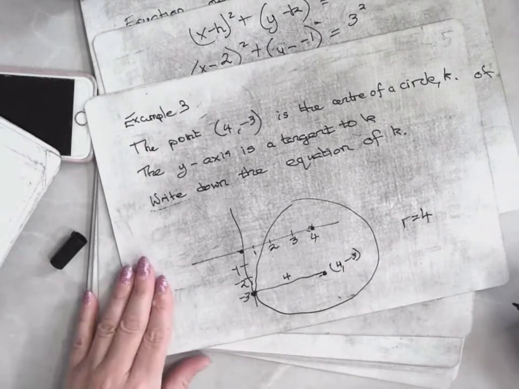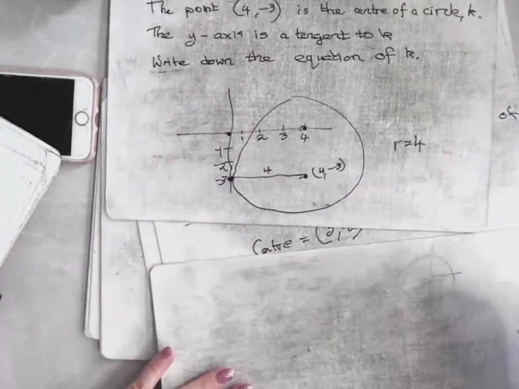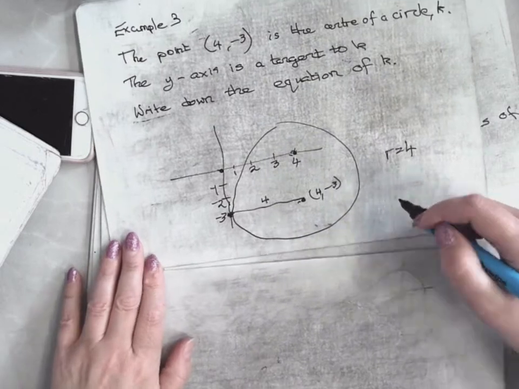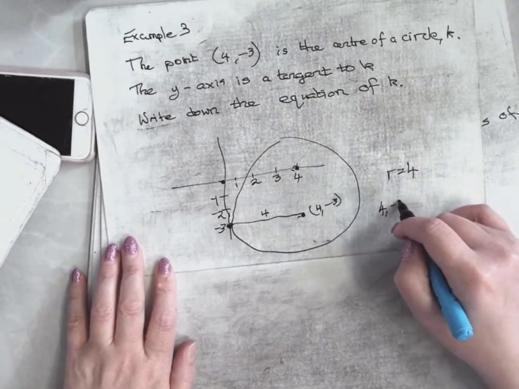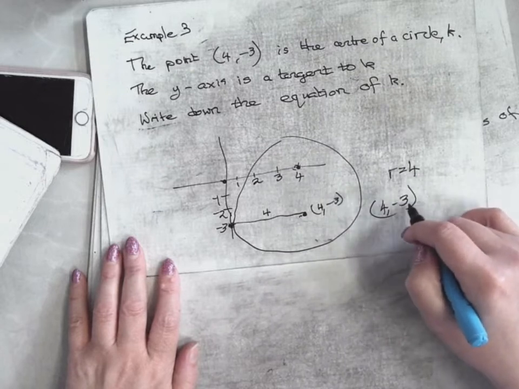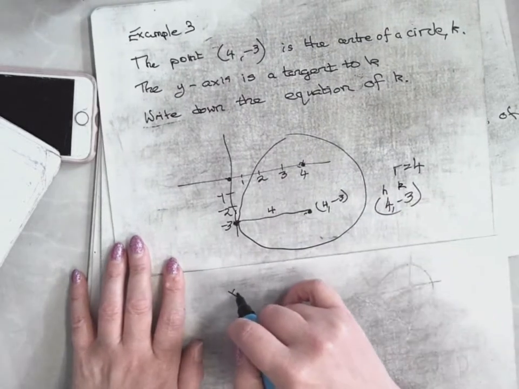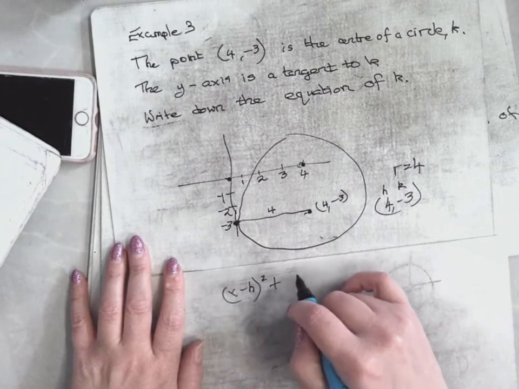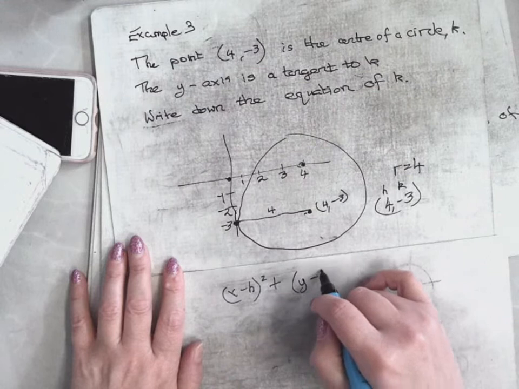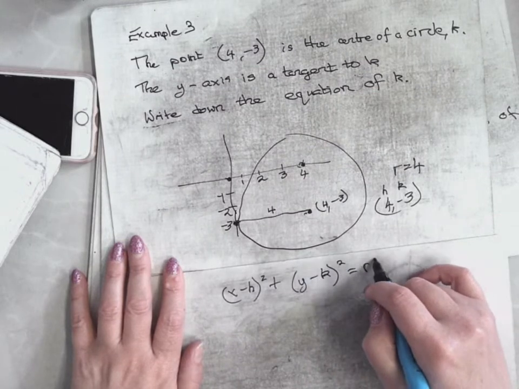Agreed? So write down the equation, sorry. We know the centre is (4, minus 3). So this is h, this is k, so it's (x minus h) squared plus (y minus k) squared equals r squared.